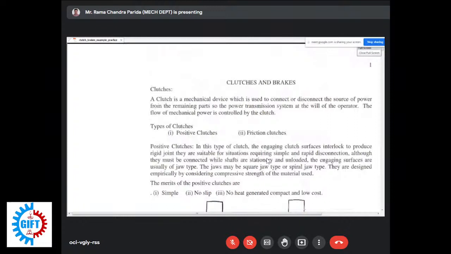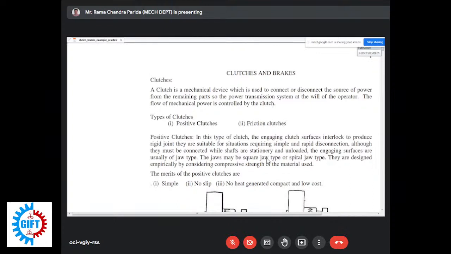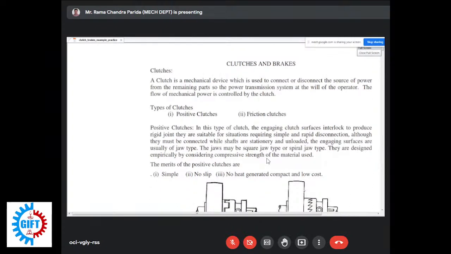A clutch is a mechanical device. Always remember, it is a mechanical device used to connect or disconnect the source of power.